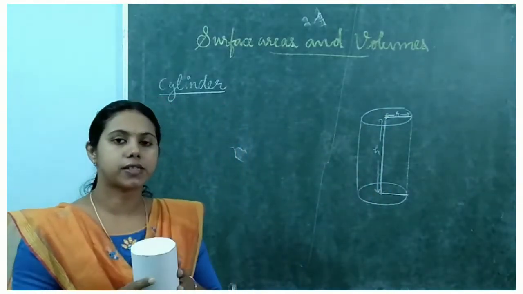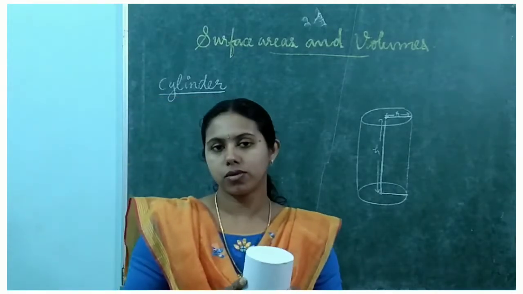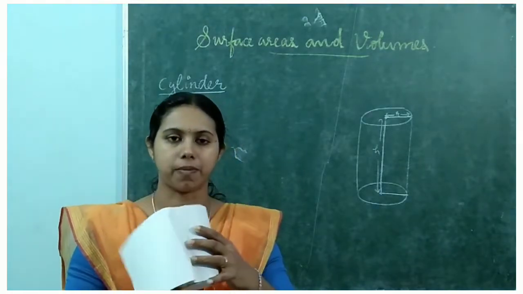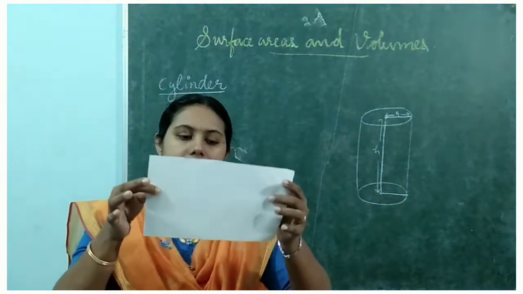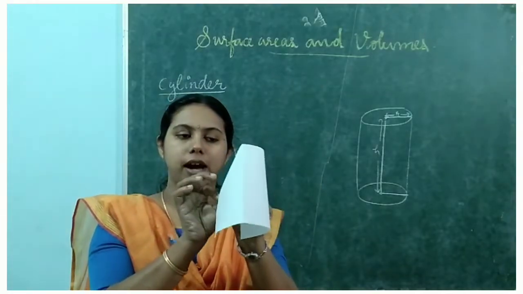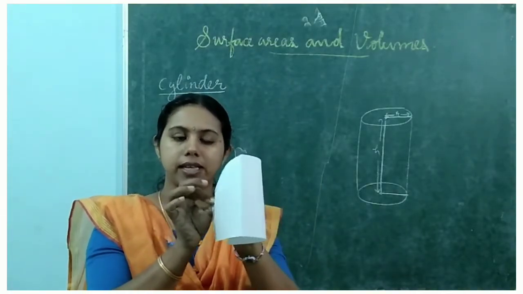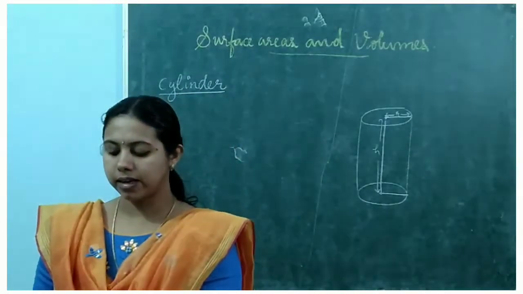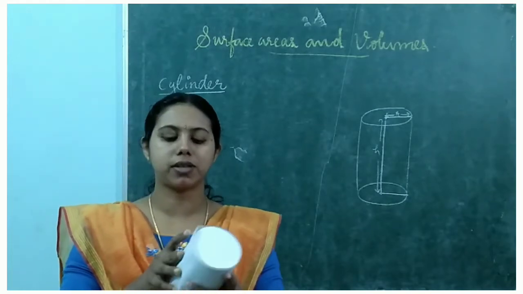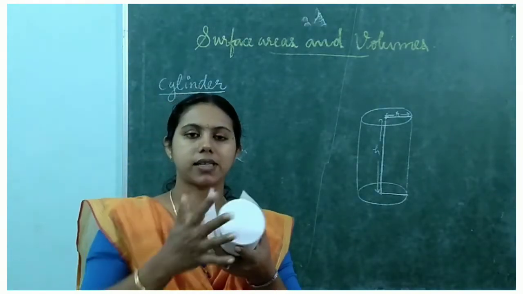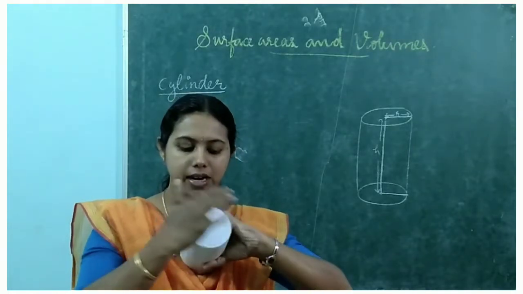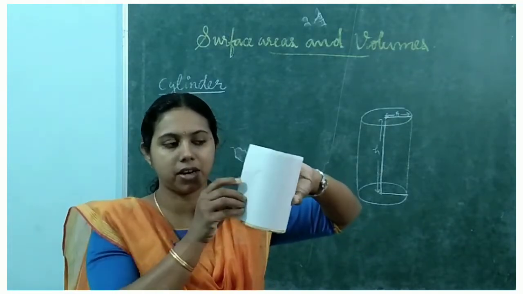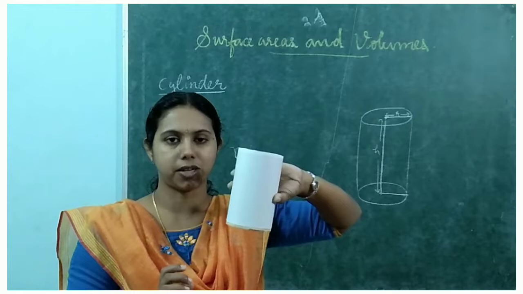To find the area of this curved surface, when you cut this cylinder vertically, we will get a rectangular shape. When you fold it, it will be the cylinder again. So the length of that rectangle is equal to the circumference of the circle, and the breadth of the rectangle will be the height of the cylinder.